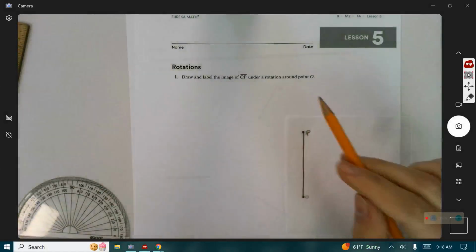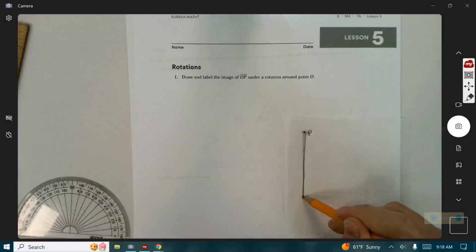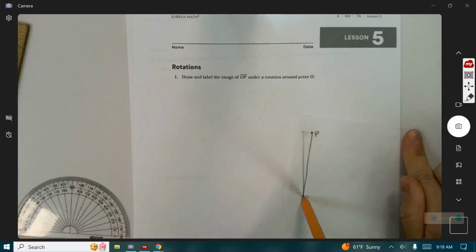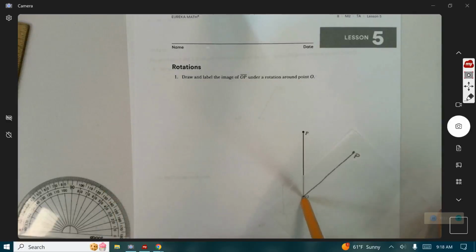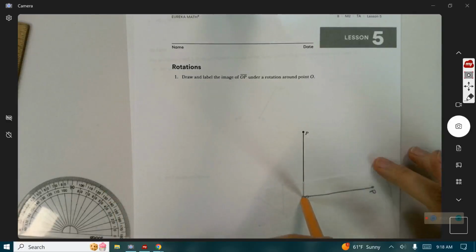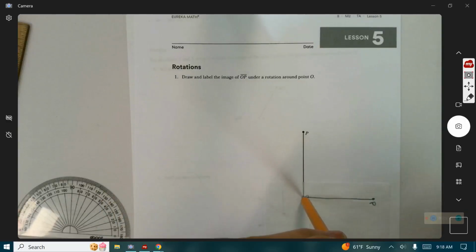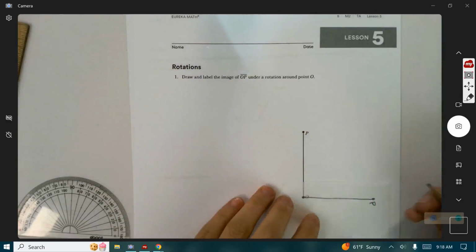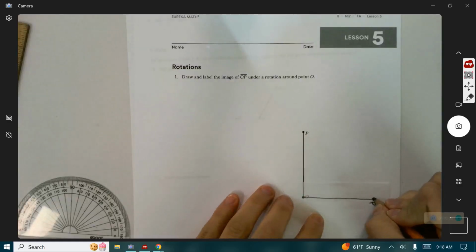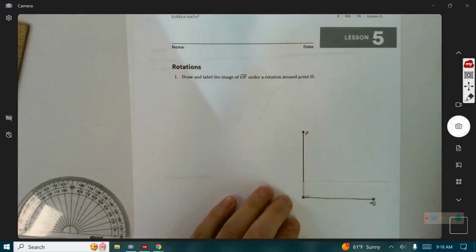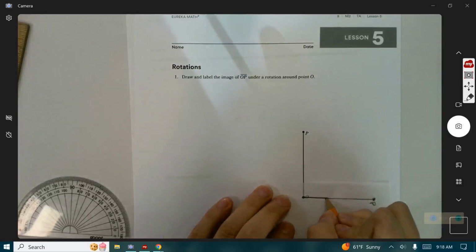To rotate around point O, we're going to put our pencil on point O and then turn our tracing paper. Again, it doesn't tell us which direction or which angle to rotate, so I'm going to go about 90 degrees. And then I'm going to pick up my pencil and I'm going to trace where P is now. You can either poke a hole through your tracing paper or just push really hard to indicate where that should be.